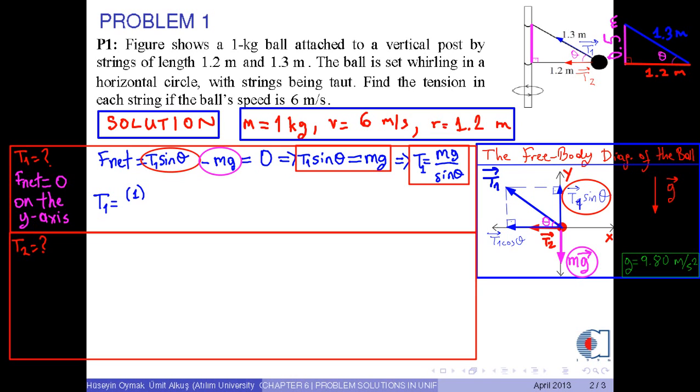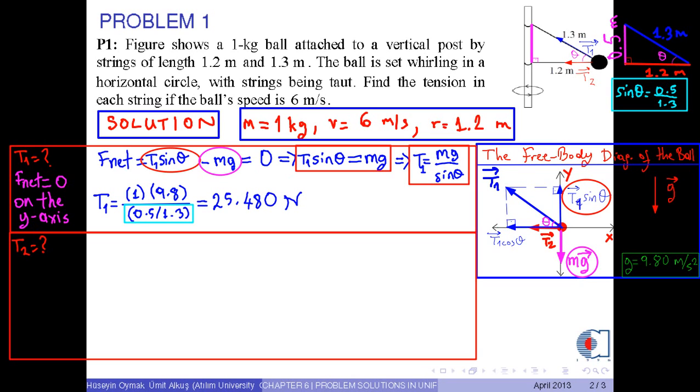Putting the related numerical values into this formula, we obtain that T1 equals 1 kilogram times 9.80 meters per second squared divided by 0.5 meters over 1.3 meters by this right triangle.